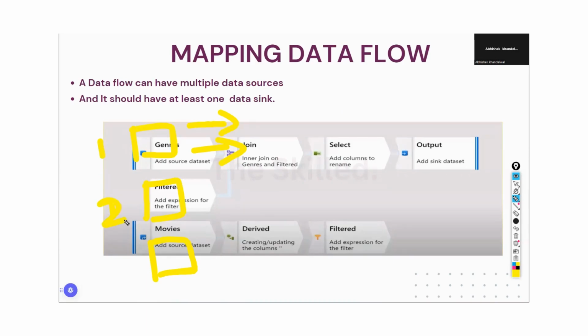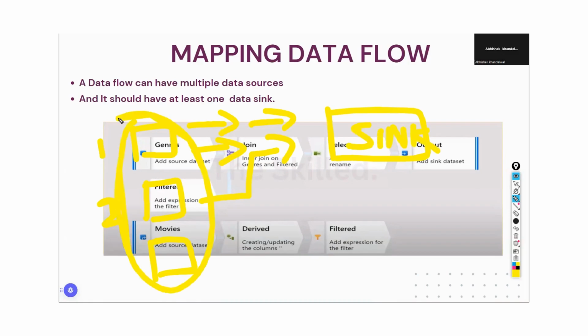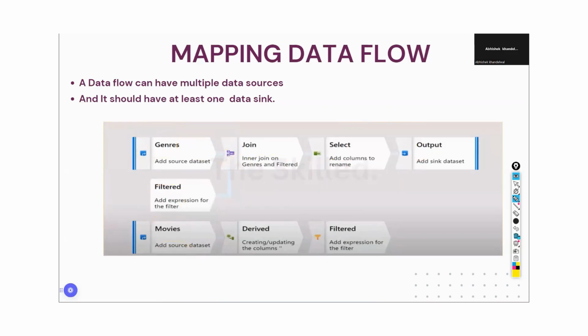From data source 2 we get some data and join it with the output of data source 1, and then we have it in our final sink. This is how a data flow looks. We can have multiple data sources, but at least one data sink should be there.